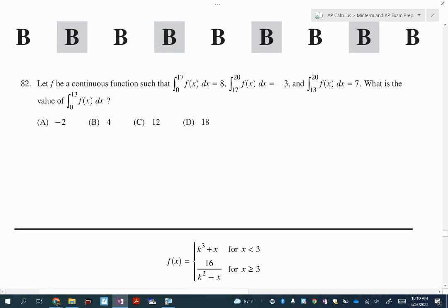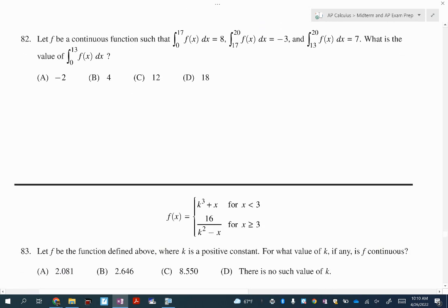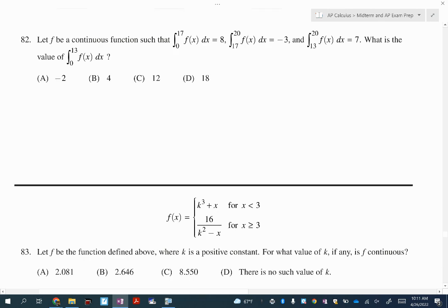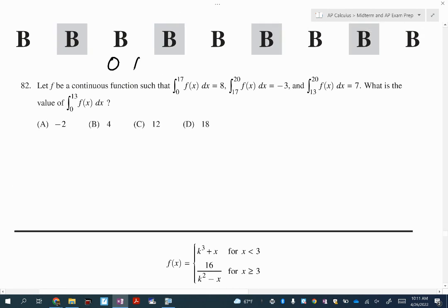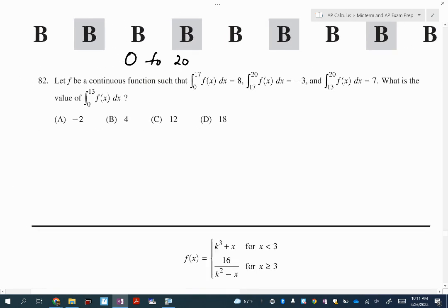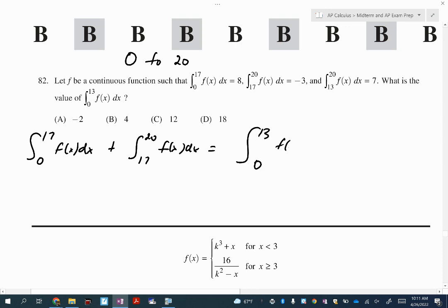Okay, 82. All right, now 82, the way that I kind of set this up once I sorted out my brain was I'm looking at essentially different ways to get from 0 to 20. So the first one I did was the integral from 0 to 17 of f of x plus the integral from 17 to 20. All right, that would be the same as going from 0 to 13 plus the integral from 13 to 20.